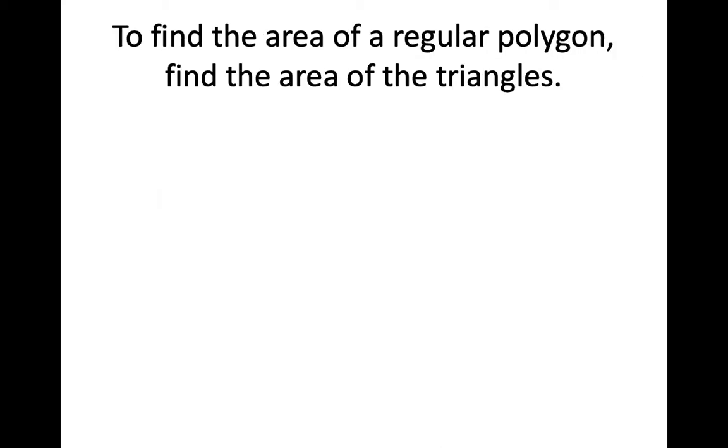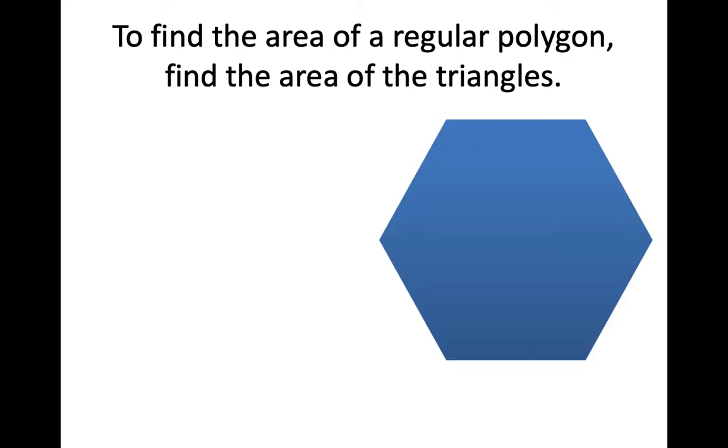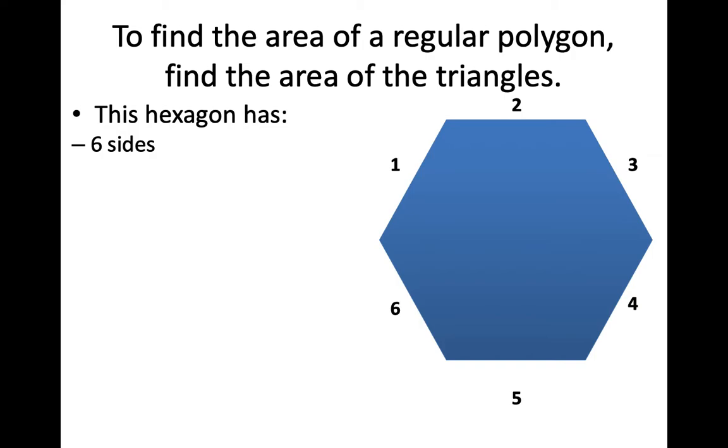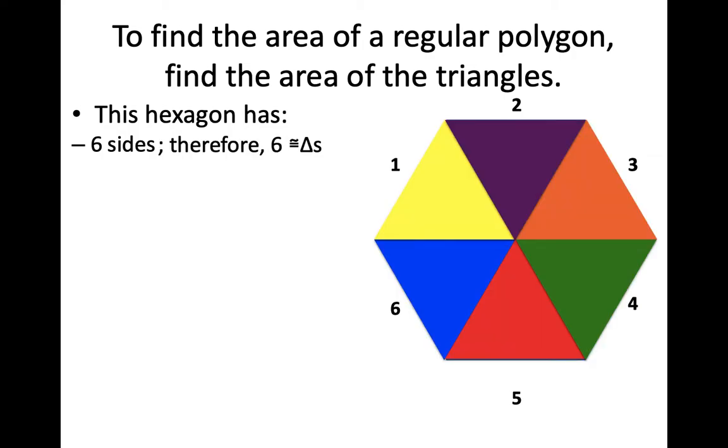Okay, so to find the area of a regular polygon, we just need to find the area of the triangles. So here is a hexagon, and this hexagon has 6 sides, and therefore it has 6 triangles. It looks like that. If I tell you that each side of this hexagon is 2 centimeters, we'll just look at this red triangle for right now.